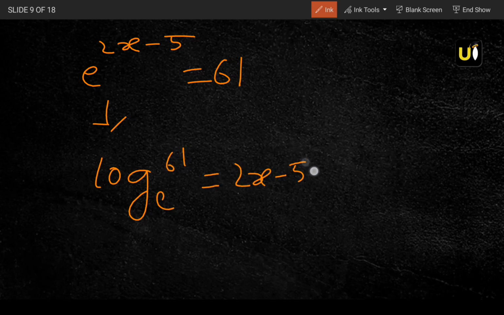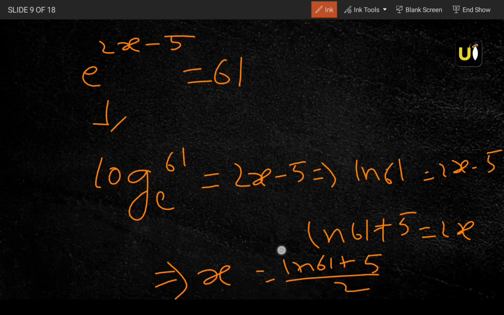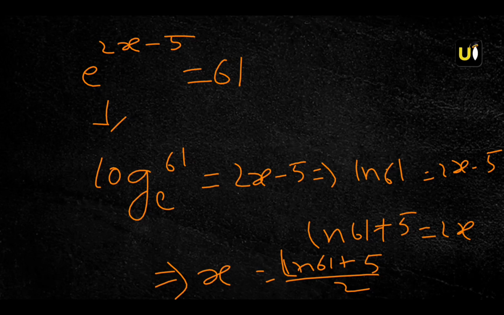That means ln 61 is equal to 2x minus 5. That means ln 61 plus 5 is equal to 2x. That implies x is equal to ln 61 plus 5, divided by 2. This is how you have to solve the equations using logarithms.